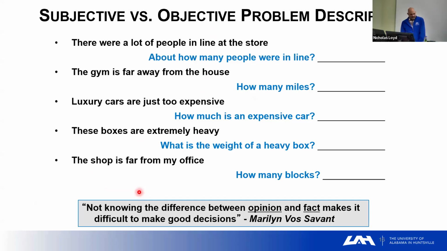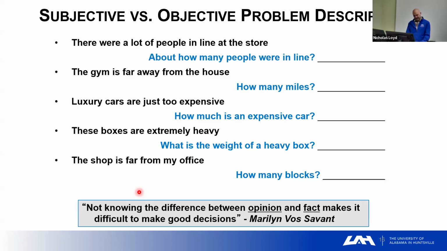One of the things I always try to emphasize is how to develop proper problem descriptions. Those of you participating live in person or on Zoom, read through these and we can talk about it.